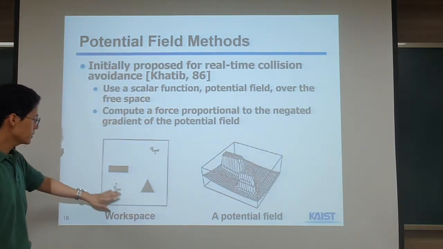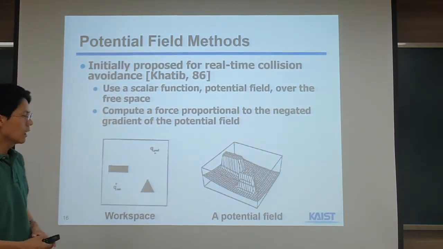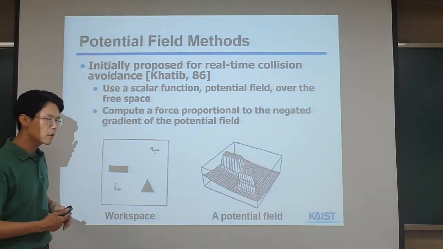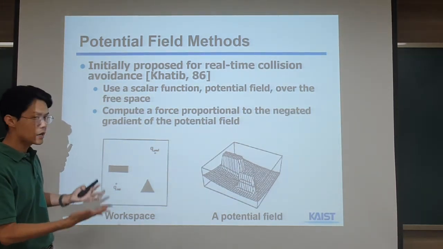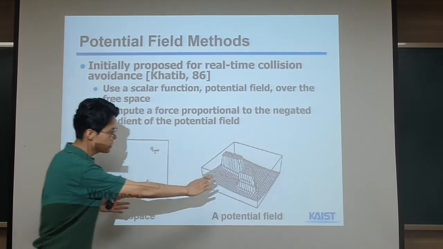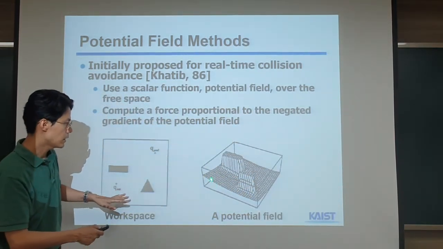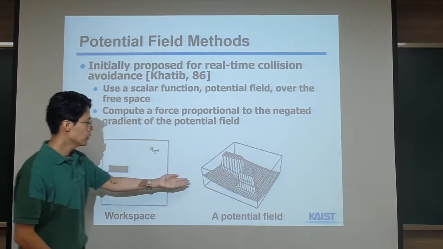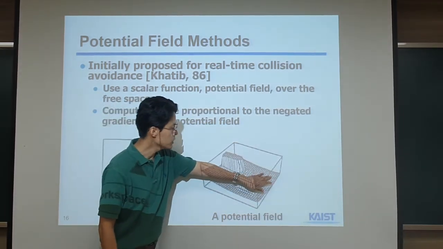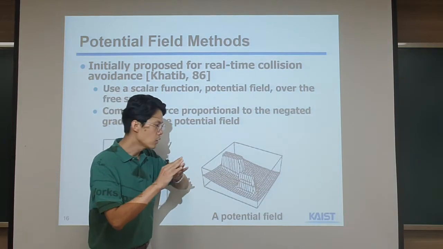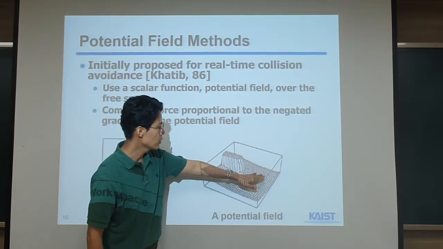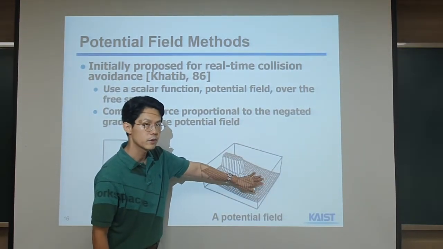This was the workspace with start and goal, and this obstacle, and our goal is that somehow we generate potential over this space. This visualizes one example of the potential field. Here is the start and goal. Since the goal should be here, we should have the lowest potential, right? So we generate the potential field that way.